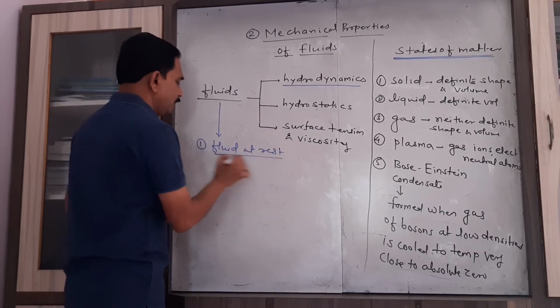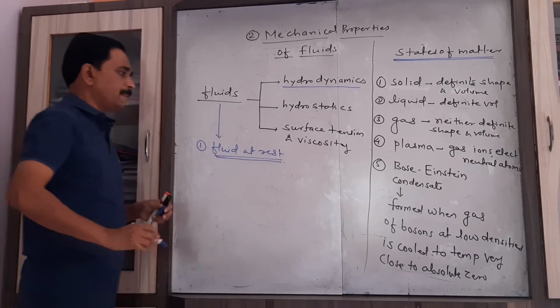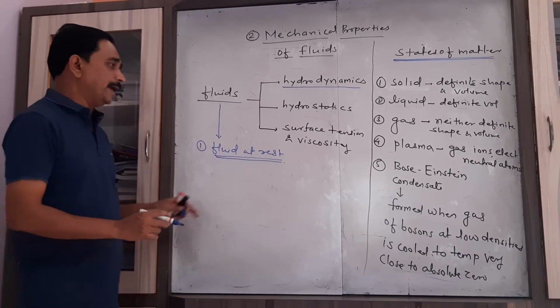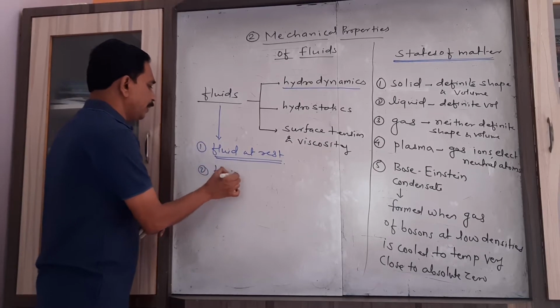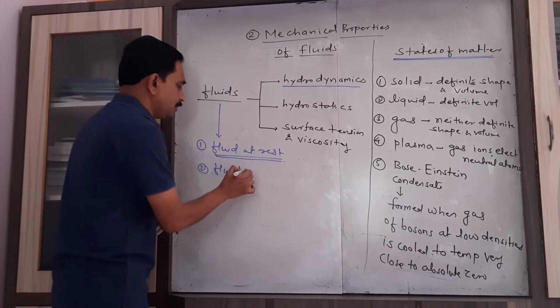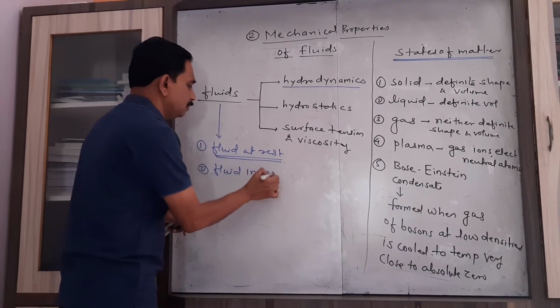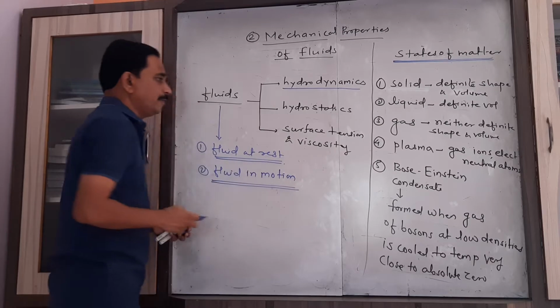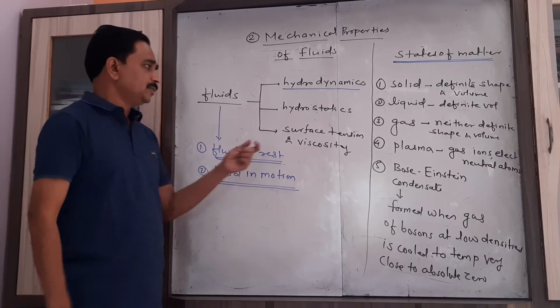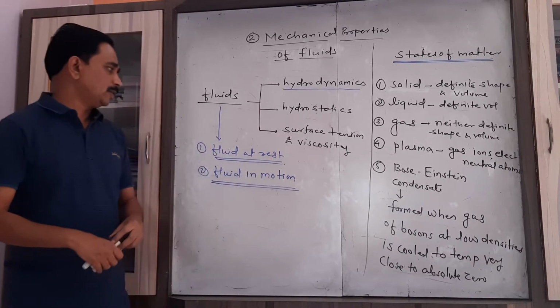We have to study the fluid which is at rest position. Second, the fluid which is in motion. And in the third part, we have to study surface tension and viscosity.